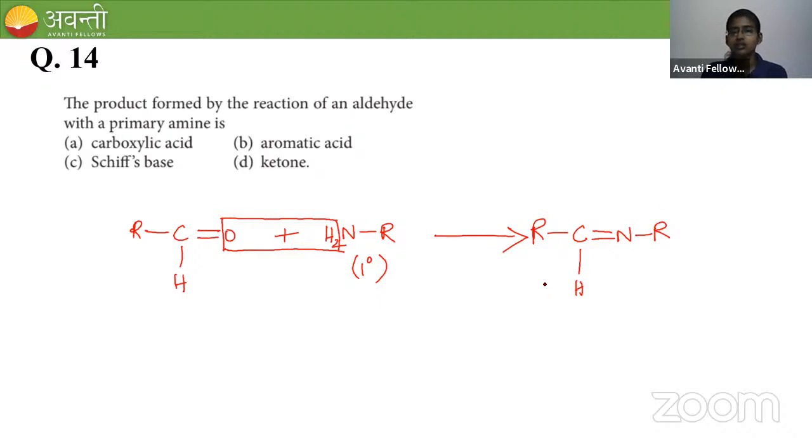Very good. The name of this compound is substituted amine, or it is called Schiff's base. Substituted amine is called Schiff's base. So option C is the correct answer for this question. Okay.